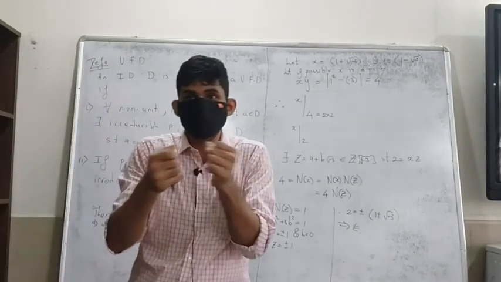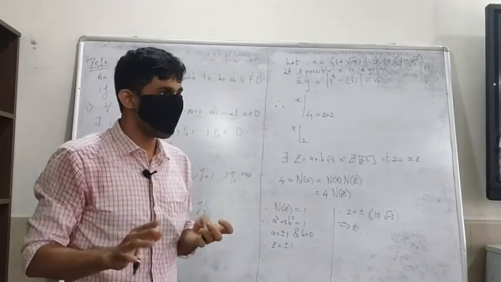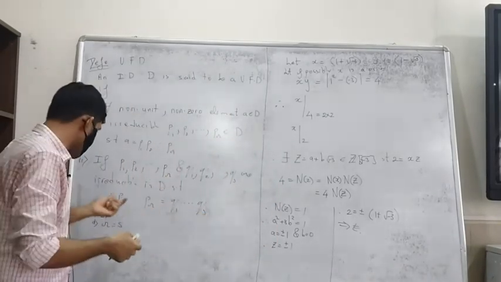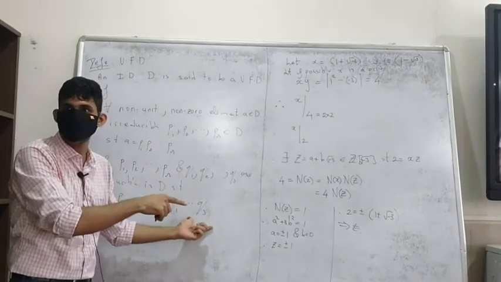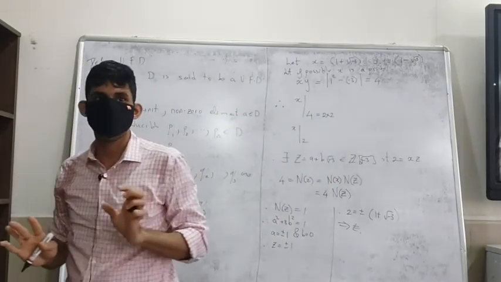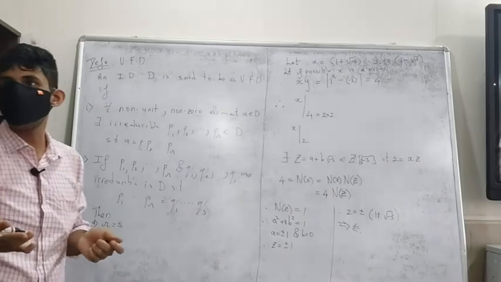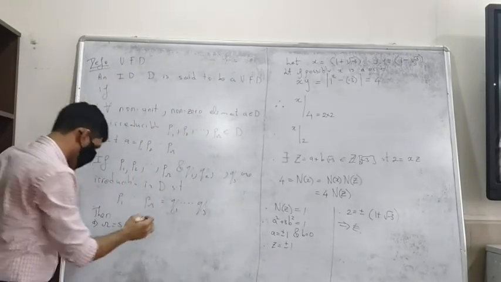And by some rearrangement, what do we mean by rearrangement? Rearrangement means that there is a bijection from this set of irreducibles to this set of irreducibles, which takes a prime to its associate. That's actually what you mean by rearrangement. I don't state it rigorously on purpose.